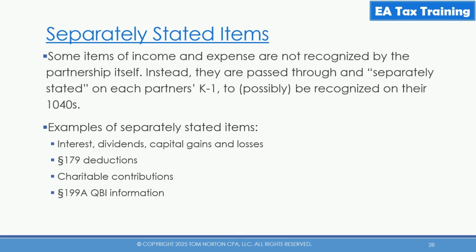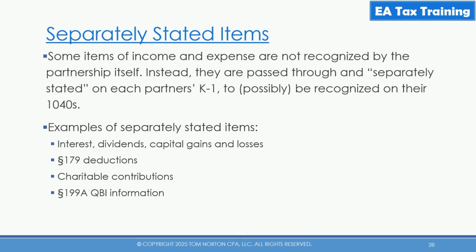Separately stated items. Some items of income and expense are not recognized by the partnership itself. They will not be on that page 1. When we looked at the 1065 and we saw all the income items and all the expense items, there are some items that will not be included in those numbers. Instead, they are passed through and separately stated on each of the partners' K-1s so that they can recognize those on their own Form 1040s.